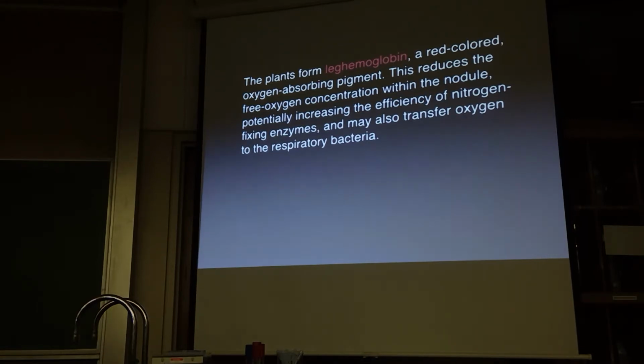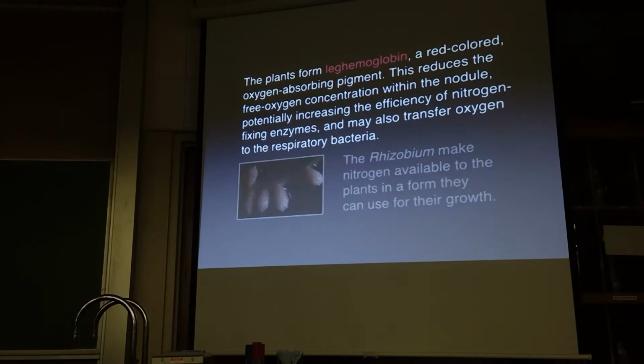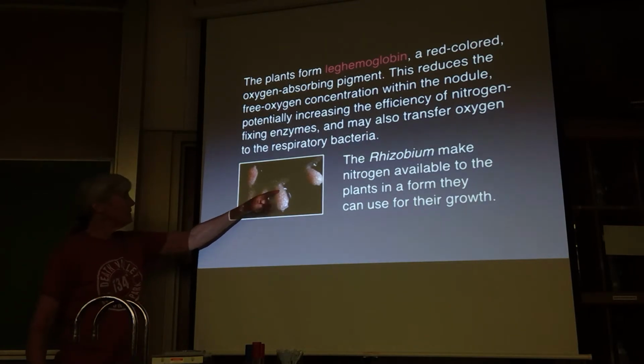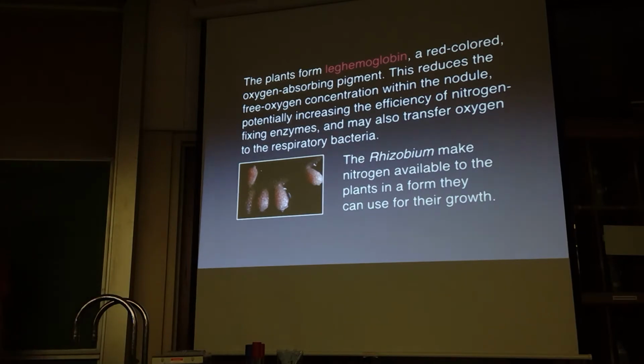At any rate, they live better inside those nodules, and if you cut those things open, so here you can see root nodules, kind of a close-up view. Notice how they're pink? If you cut these open, they are red inside. Red, like red blood cells, like hemoglobin, but in this case it's leg hemoglobin, and it's made by these leguminous plants.